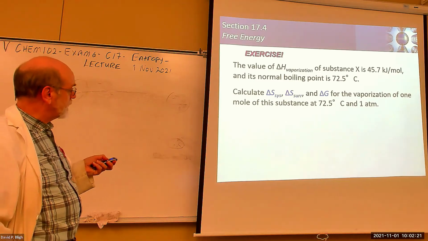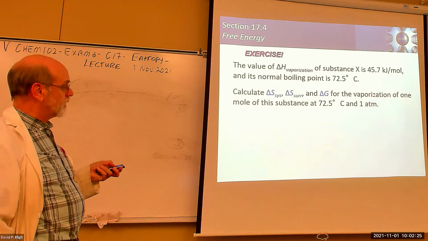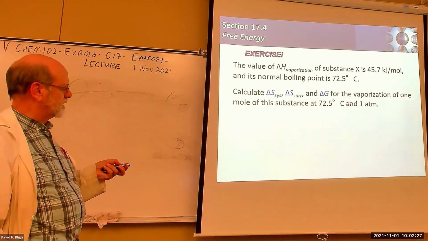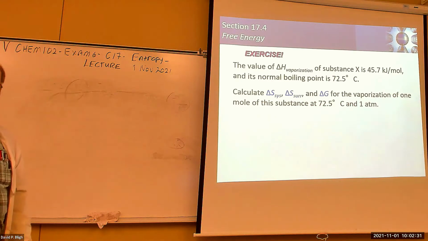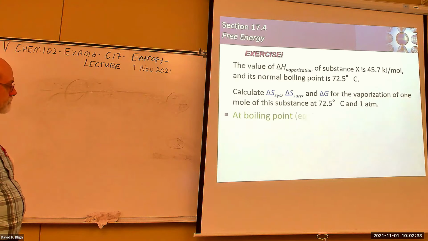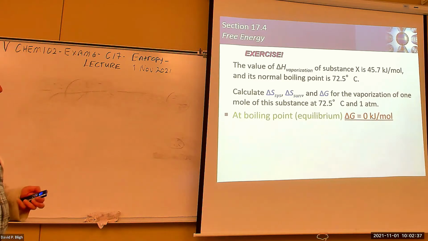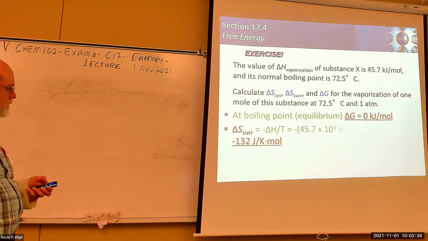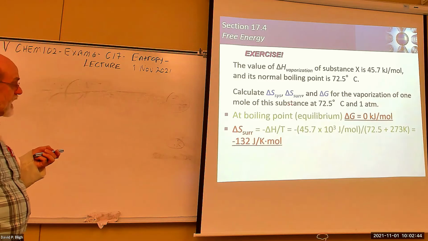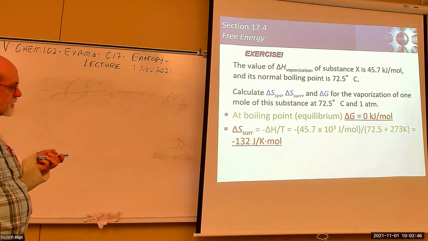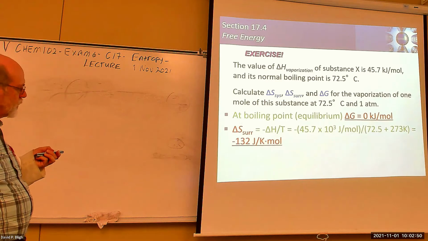Okay, calculate delta S system, delta S surroundings, delta G for the vaporization of 1 mole of the substance. Well, if it's at its boiling point, we know delta G is 0. How about the others? Well, they would have to be equal but opposite in sign, because if delta G is 0, then delta S total is 0.